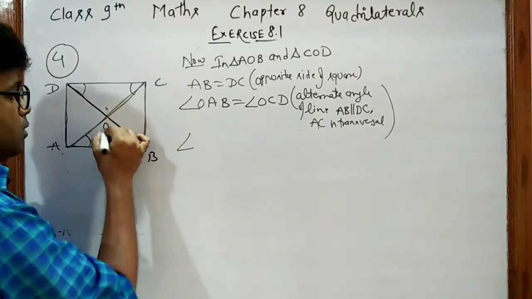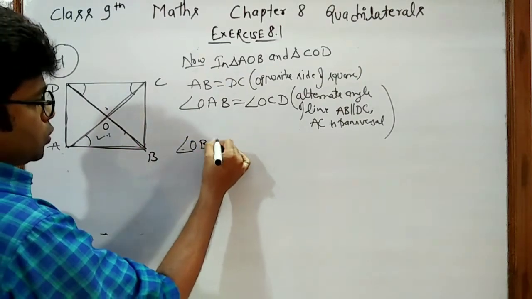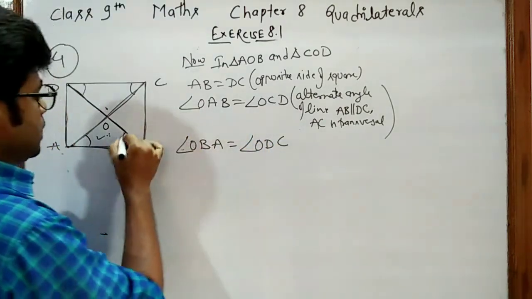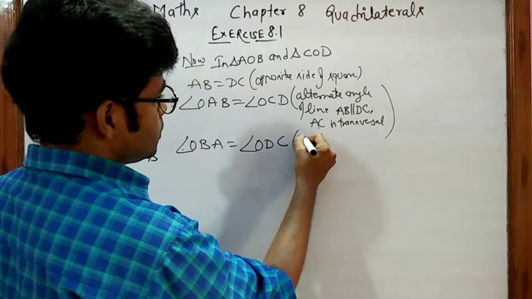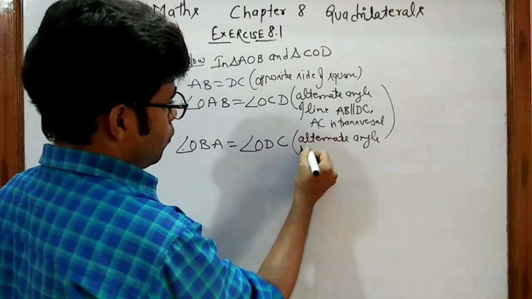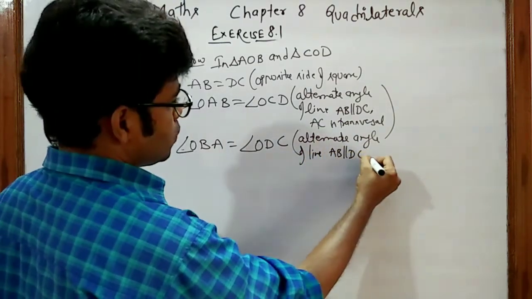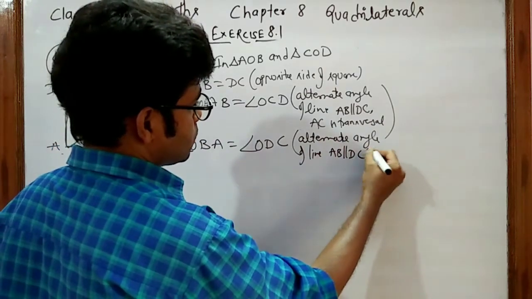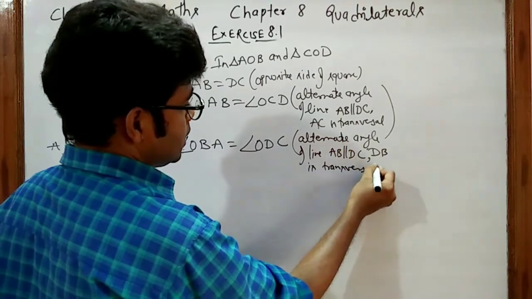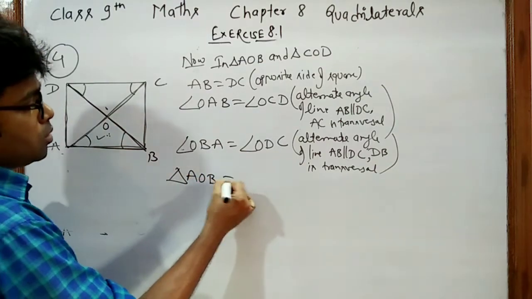It is up to you which one you want to use. These angles are equal for the same reason, alternate angles of AB parallel to DC, but now the transversal is DB.